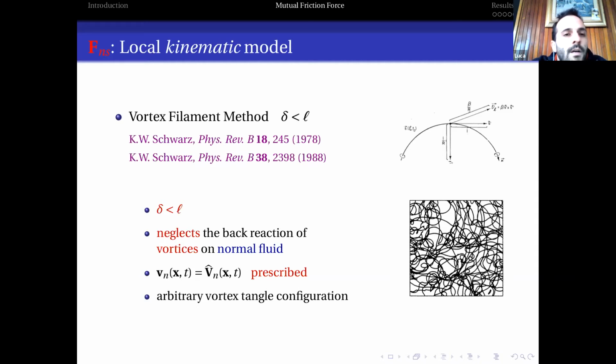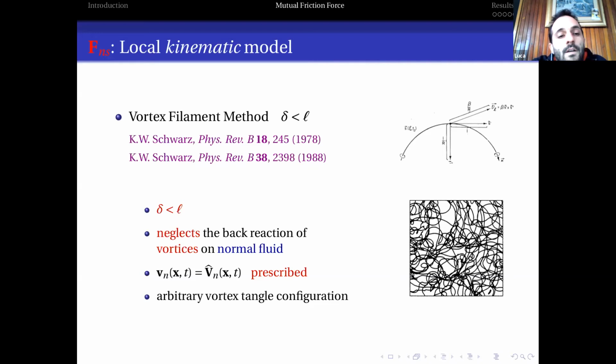This model neglects the back reaction of the vortices on the normal fluid. In fact, in this case, the coefficients which Klaus Schwarz determined were only a redefinition of the friction coefficients B and B prime that were derived by Hall and Vinen. Therefore, the normal fluid evolution is entirely decoupled from the motion of the vortex filament, and it is completely determined by the macroscopic boundary conditions of the flow.